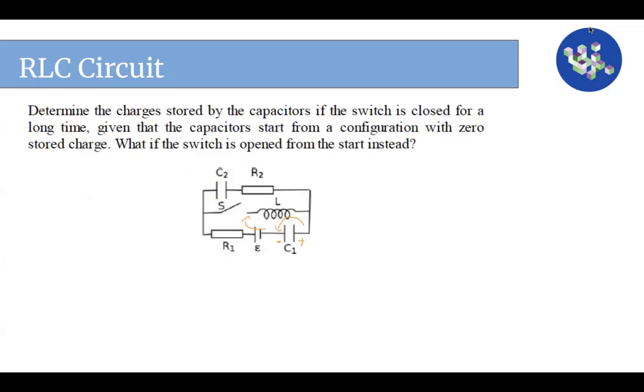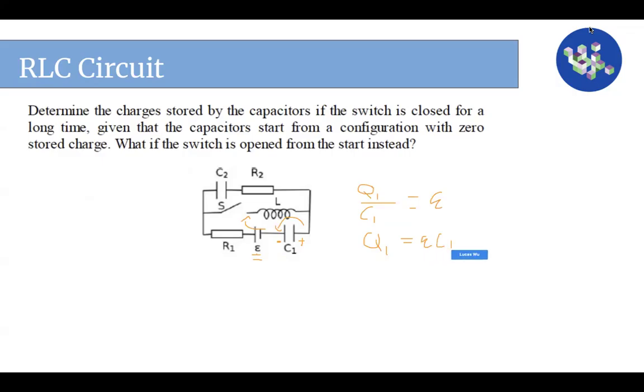This way, there's going to be no current everywhere because there won't be an EMF, there won't be a battery. So what does that mean? Well, we need to have Q1 over C1 equal to epsilon. So we're just getting Q1 is equal to epsilon times C1, right?